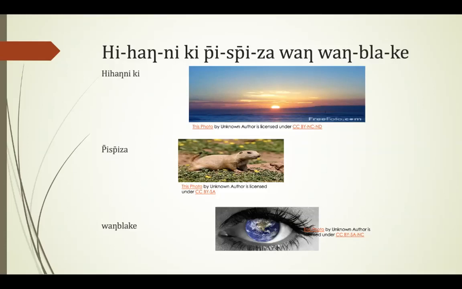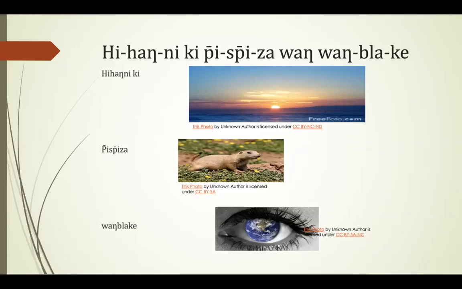The second syllable is spi. And then your third syllable is za. And then your next word is wan. Then the fourth word here has three syllables. The first syllable is wan. Second syllable is blah. The third syllable in the word is ke.